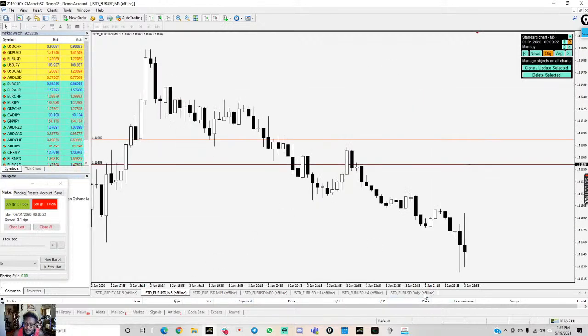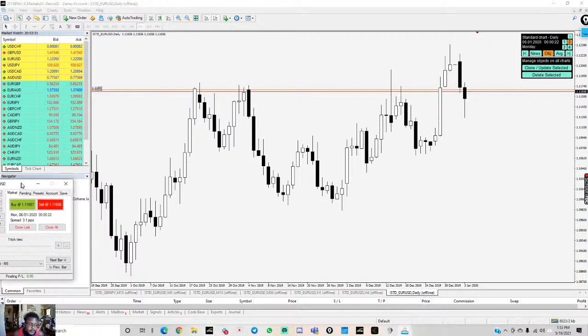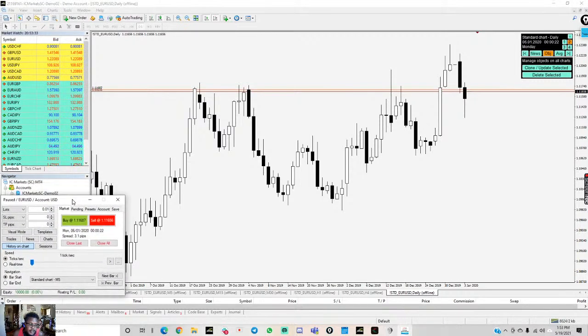Now, whenever you come to the chart, the first thing you want to do, before you even start to look for any setup, any trade, you always want to check if there is any high impact news in the Forex market. And as you can see here, we have high impact news, and this is based on the daily time frame.